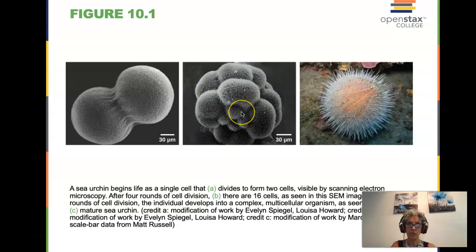There's an uneven division of the cytoplasm. And eventually, through repeated cell divisions called mitosis, we end up with the fully formed animal. We can see that it's a sea urchin in these images, but with the first 2 pictures, that could be any animal that early in division.